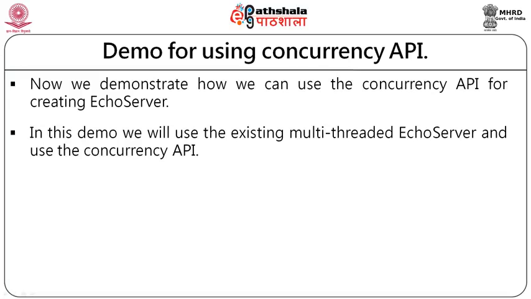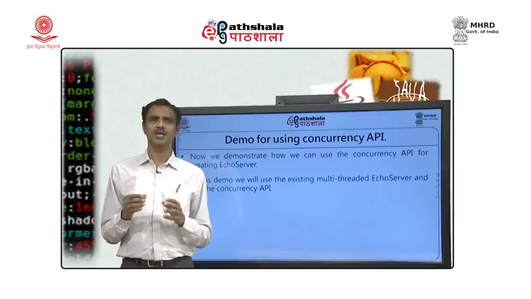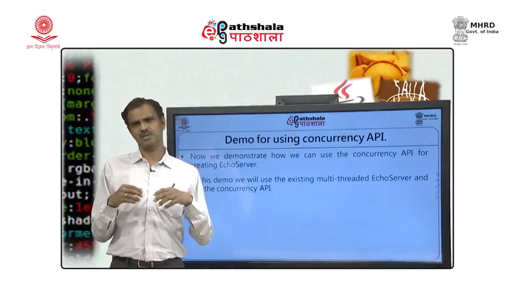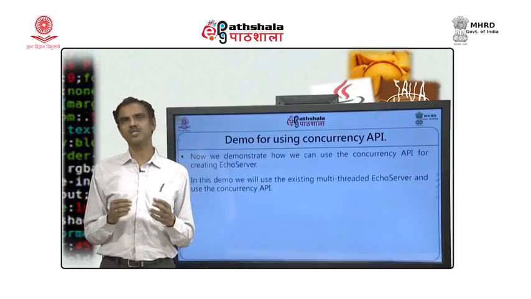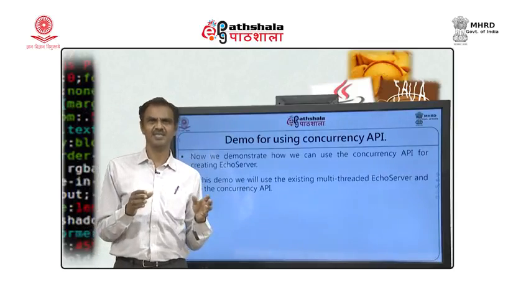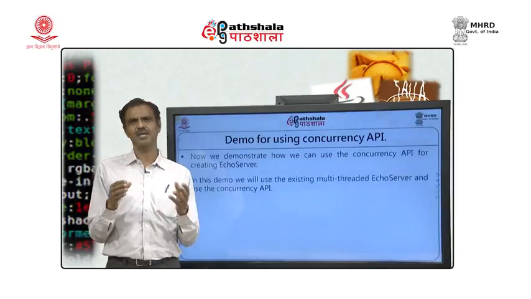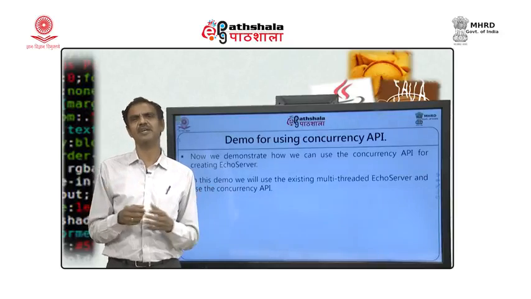Now what we are going to do here is have a demonstration. Last time we did a demonstration where we wrote an echo server by using the conventional thread class, using multi-threading. We had two separate classes.